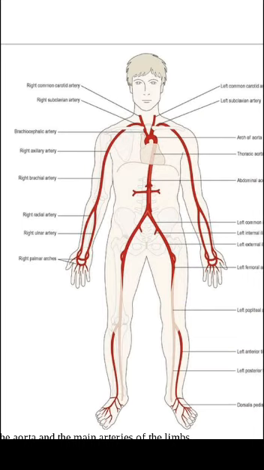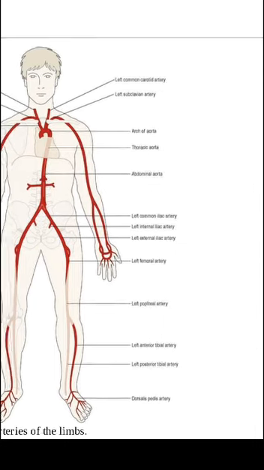First one is right common carotid artery, and just below it, above the clavicle, is right subclavian artery. After that, you can appreciate the brachiocephalic artery, the right axillary artery, the right brachial artery, right radial artery, right ulnar artery.